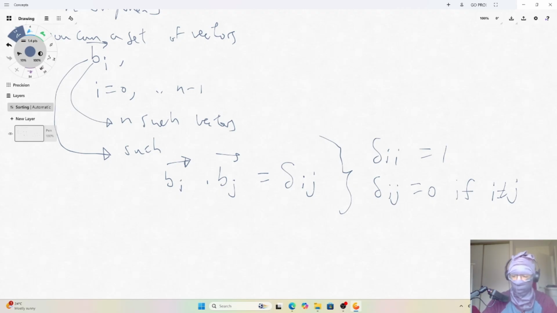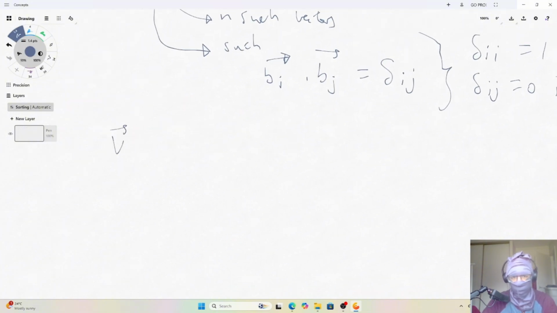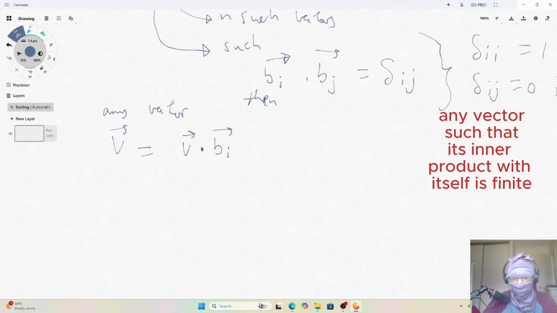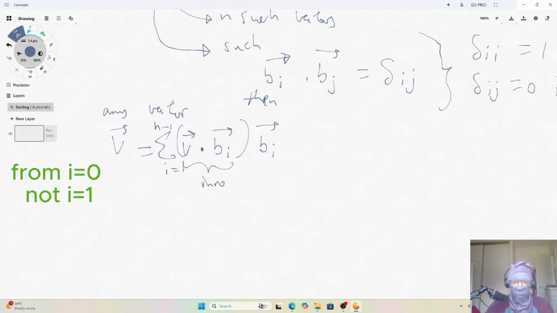If you can find such a set, then any vector can be written as a sum, where each of these numbers are inner products.